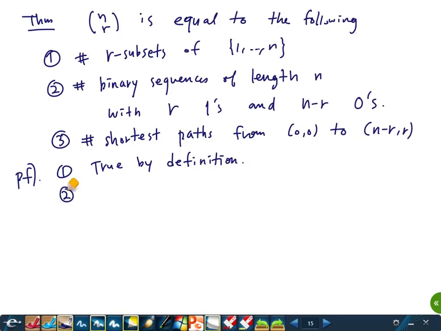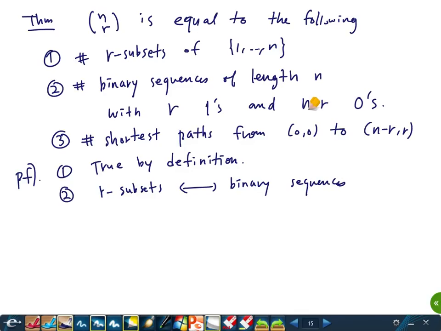Second, because we know that n choose R is the number from 1, we will show this by finding a bijection between these R subsets and binary sequences. We will find a one-to-one correspondence between these and binary sequences satisfying this relation.